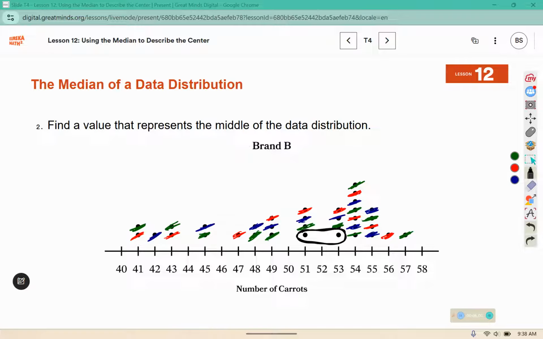So when we have an even number of dots, and we cross off one from each side, we're left with two dots in the center, and we find the average of those, which is 52. Depending on if you have an odd number of points or an even number of points, this process might look slightly different.